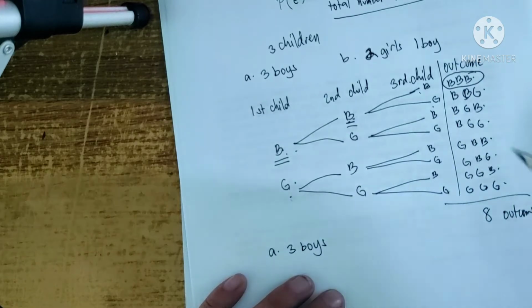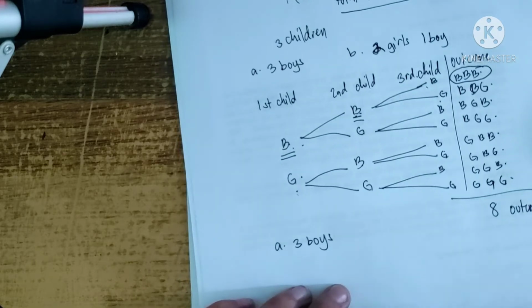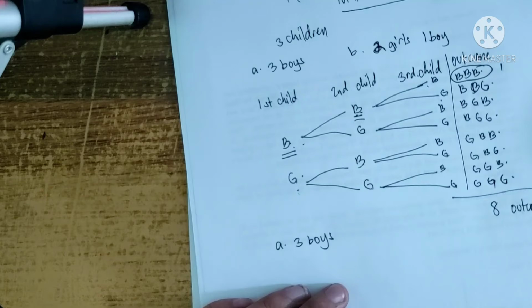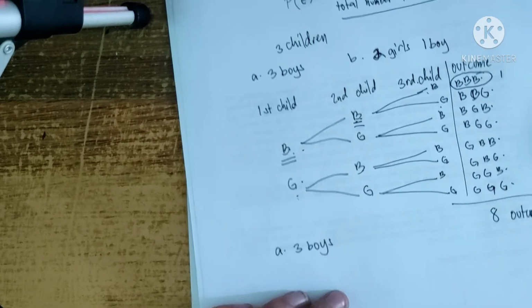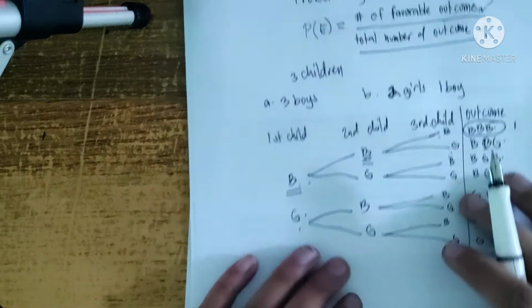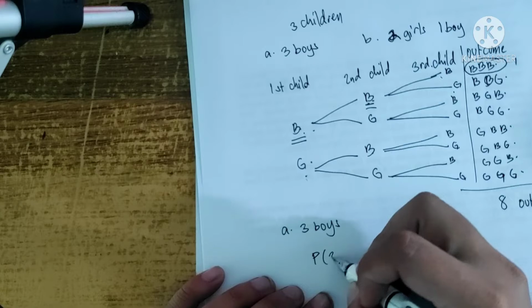Boy, girl, boy. Boy, girl, girl, hindi pwede. Girl, boy, boy, hindi rin pwede. Girl, boy, girl, hindi rin. Girl, girl, boy, hindi rin. At mas lalong hindi, girl, girl, girl. Kasi nga, tatlong lalaki lang yung hinahanap natin. So, meron ka lang ng isang possible outcome. So, number of favorable outcomes mo is possibility of 3 boys.